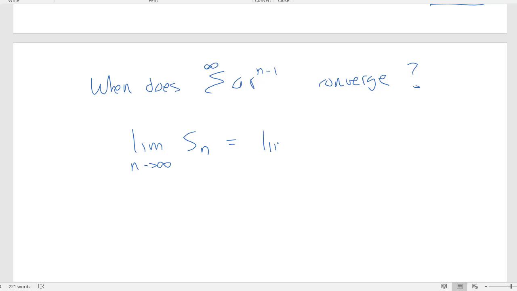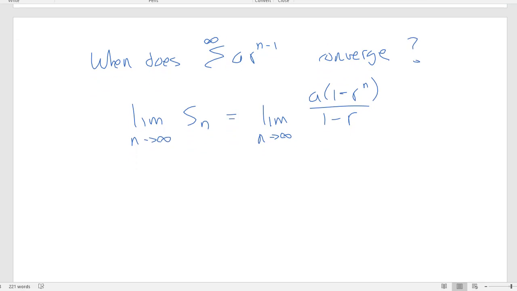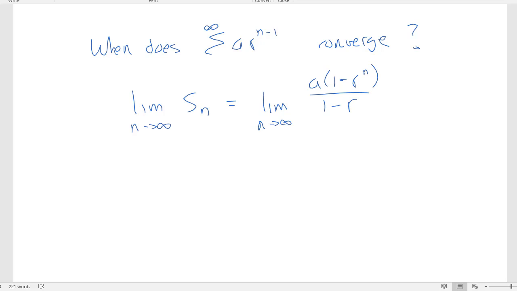That was a 1 minus r to the n all over 1 minus r as n goes to infinity. Now the only thing that really involves the limit is the expression that has the n on it. So I'm really looking at r to the n as n goes to infinity.